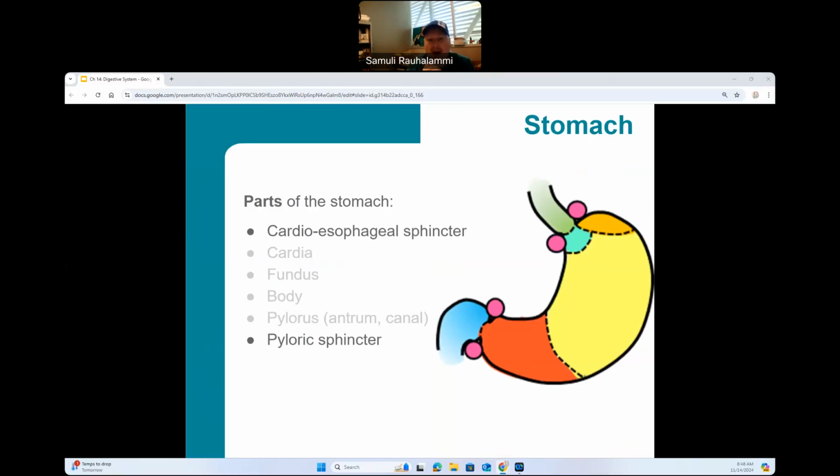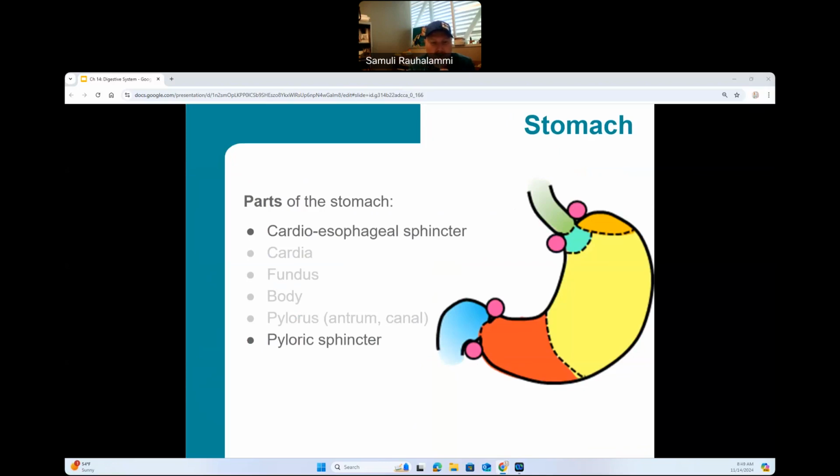It prevents us from having heartburn, which is really when the stomach acids climb up to the esophagus and irritate that wall lining there. We also see the pyloric sphincter at the very distal end of the stomach. This controls the flow of the chyme from the stomach to the small intestine. So we see those two sphincters. Interestingly, the lower esophageal sphincter is more of a physiological sphincter, not an anatomical sphincter, but you can definitely find an anatomical pyloric sphincter at the distal end before the small intestine.